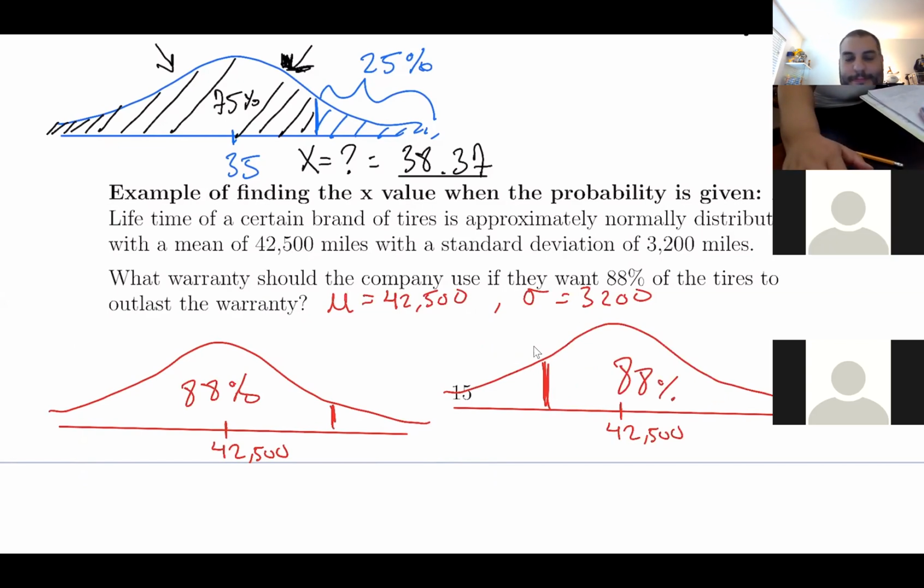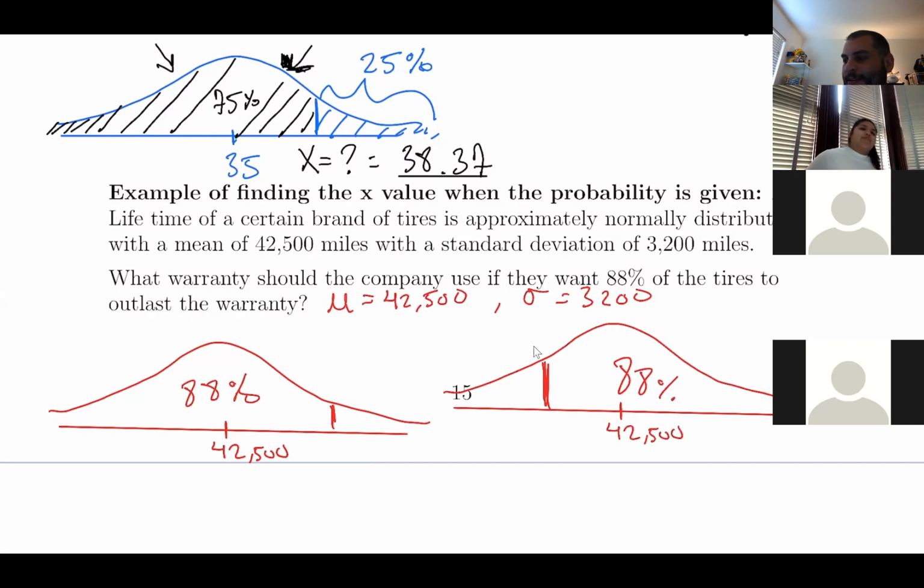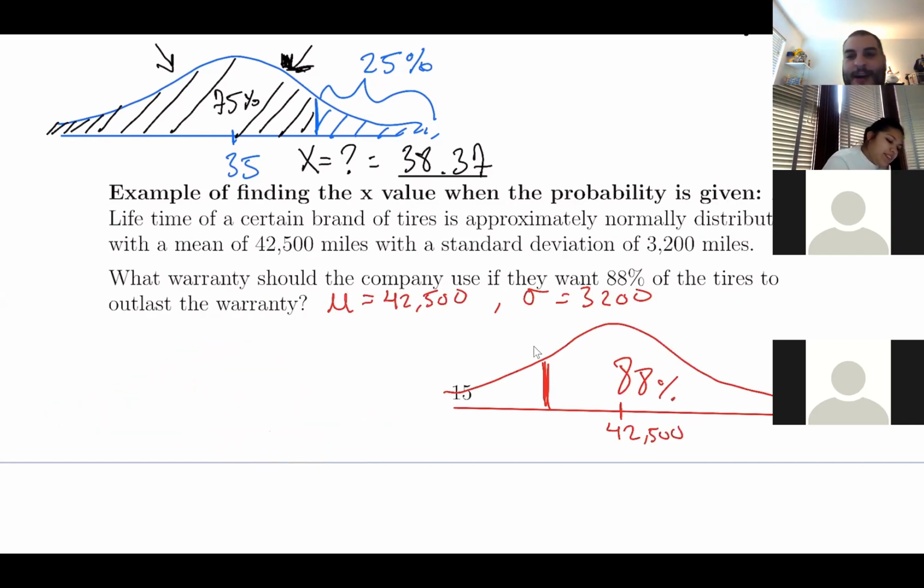The right. Yeah, so we want the right, because we want 88% of the tires to outlast it. So what percentage of tires do we not want to outlast the warranty? So how many tires are actually going to use the warranty? 12%.